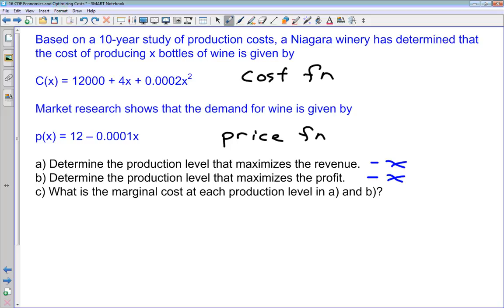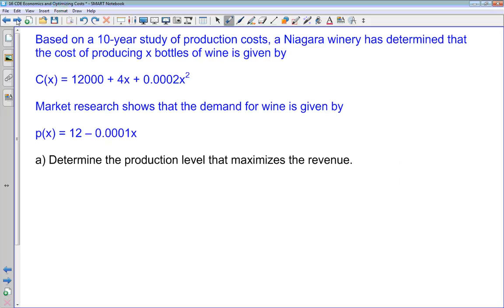So let's take a look at the first part of that here. Determine the production level that maximizes the revenue. If we're going to maximize our revenue, what we need is our revenue function. So how do we get our revenue function?